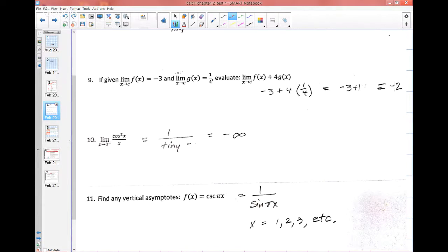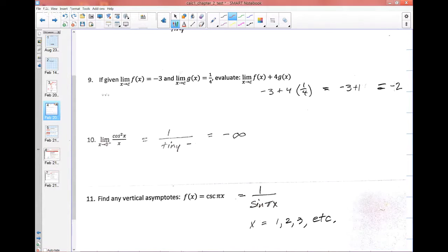And so I could literally substitute -3 in for the f of x limit and 1/4 in for the g of x limit, and then basically just do the arithmetic. -3 plus 1, and the result should be -2. So that was kind of checking on basic properties. Maybe that one, if I was going totally in a logical order, could have been earlier in the test.